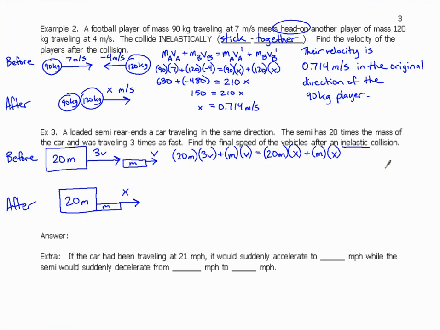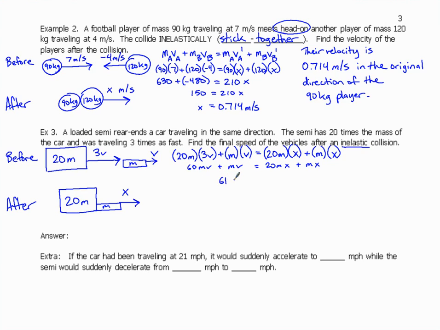So here's what we're going to do. Let's write all the steps. 60mv plus mv equals 20mx plus mx. And so we can simplify these things.